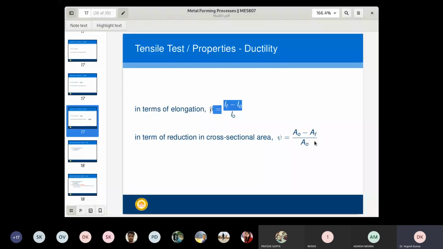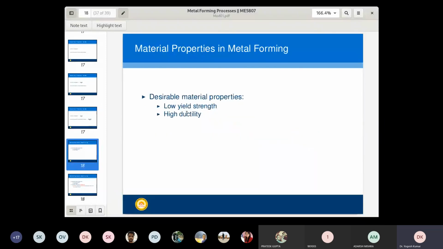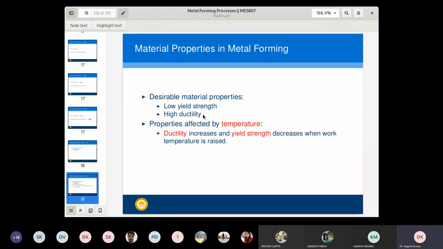So the reduction in area should be easier, or the elongation should be easier. So in metal forming processes, low yield strength is desired, and high ductility is desired.